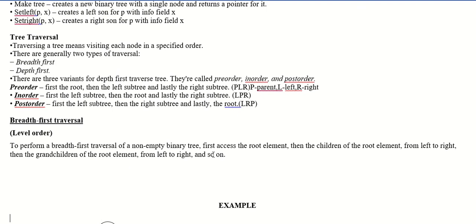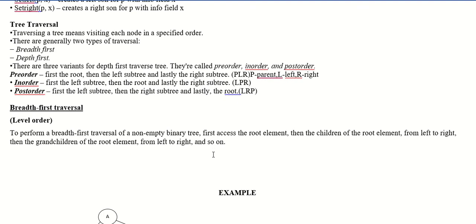Then we have tree traversal. Traversing a tree means visiting each node in a specific order. So we are trying to do a search in a particular tree, and therefore we have two major types of traversing a tree. We can do either breadth first or depth first.